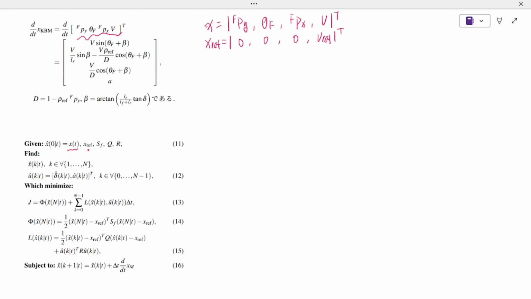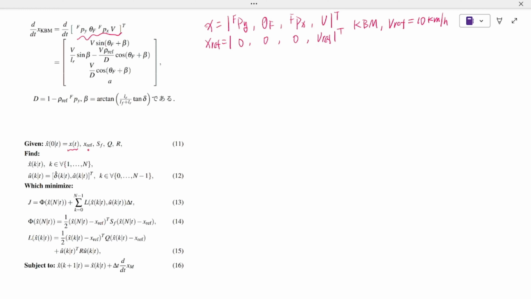And because the KBM model is used for low speed, the vref here equals 10 km per hour.